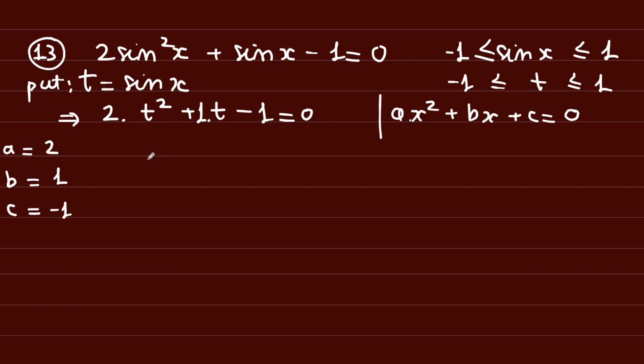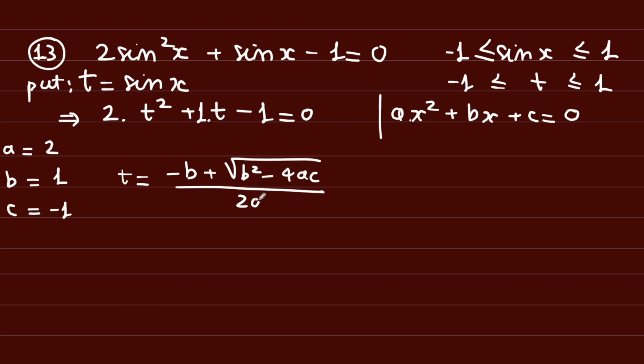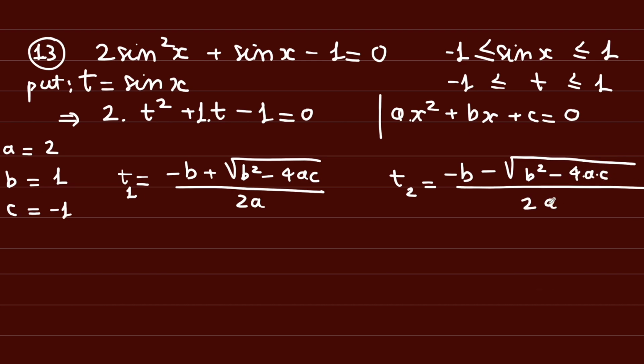And about the value for t, we have t equal to minus b plus square root of b squared minus 4ac, divided by 2a. And the other t you got here: this one is t1, and this one is t2, equal to minus b minus square root of b squared minus 4ac, over 2a. Okay, so now it's time to calculate t1.